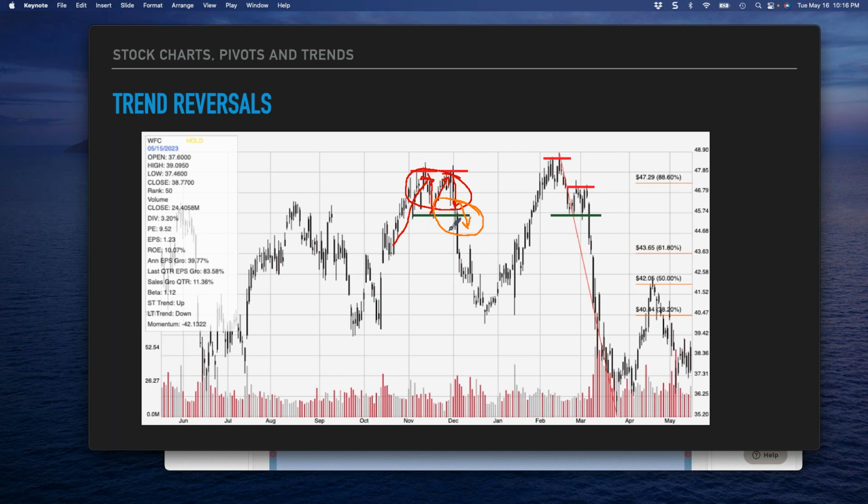This becomes an important level to recognize to keep from being in the stock through a potentially much longer term downward trend.